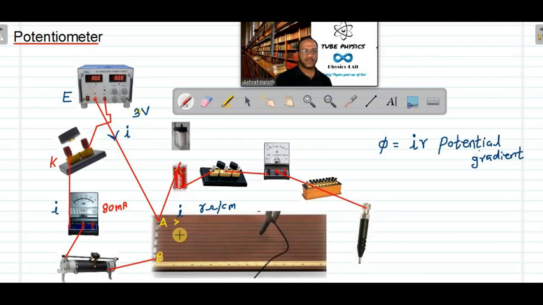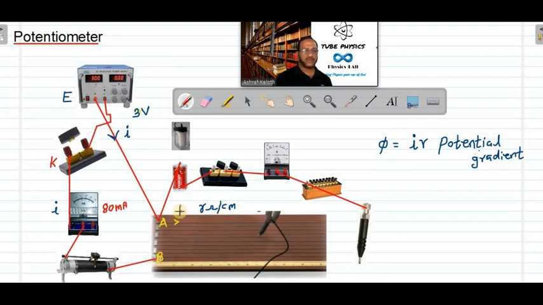Each 1 centimeter will have a drop of I r. Then what will be the drop in 2 centimeters? 2 into I r. If it is L centimeters? L into I r.